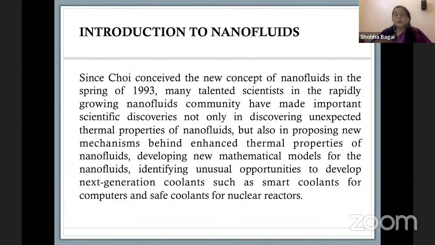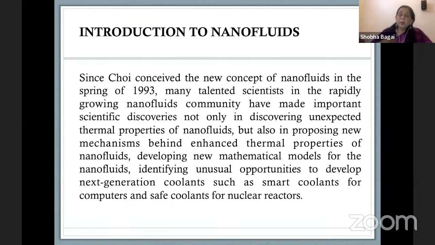Different types of nanoparticles were being made, and consequently different kinds of nanofluids were being done. They were doing experimentation, and during the experimentation they found that these nanofluids had certain unexpected thermal properties.